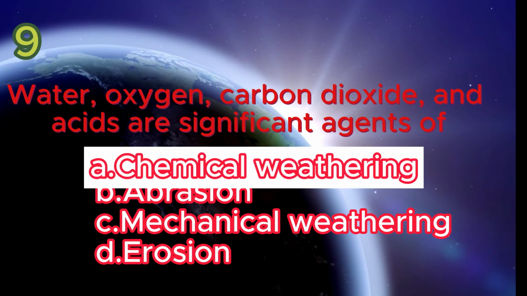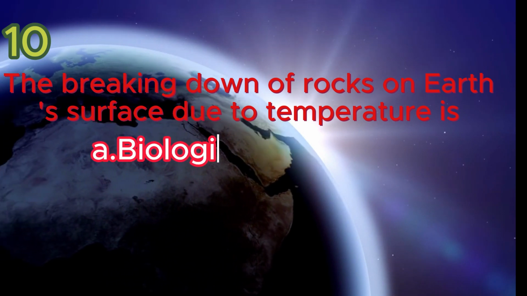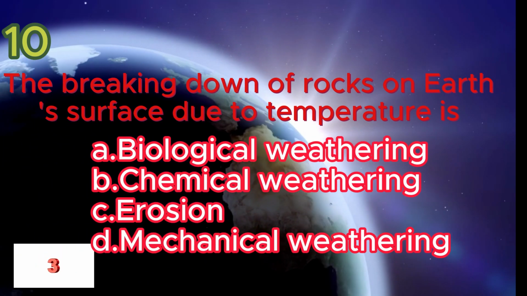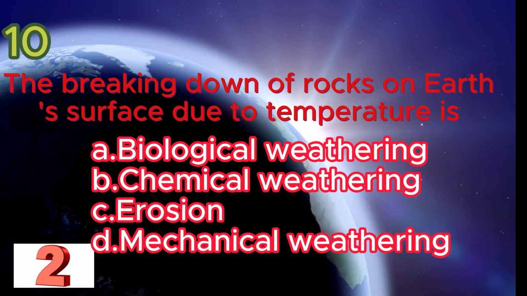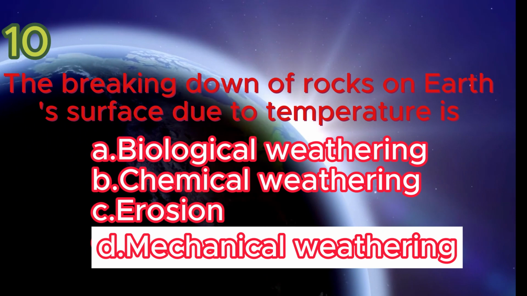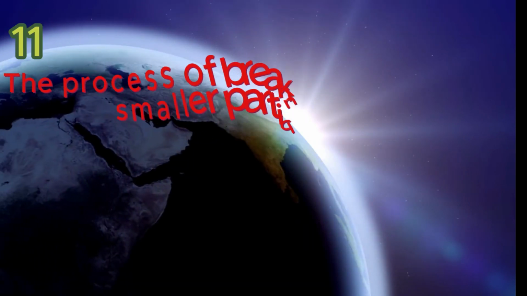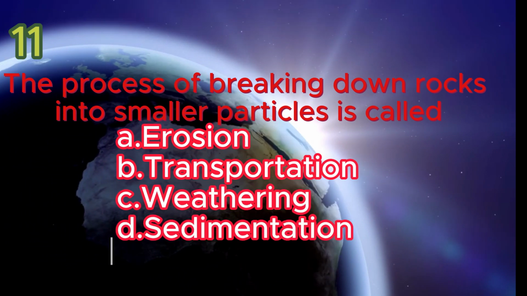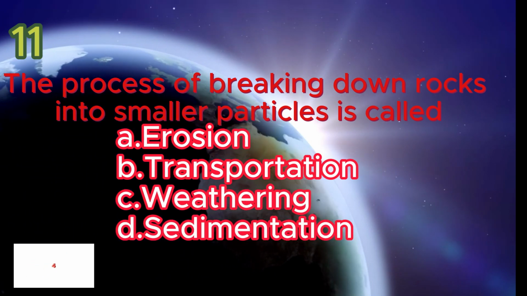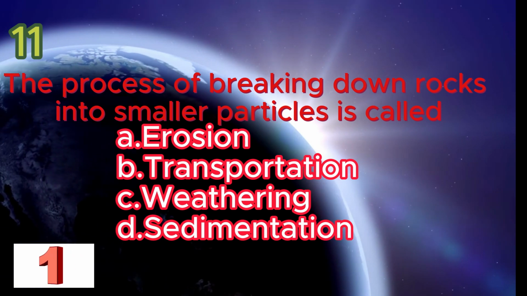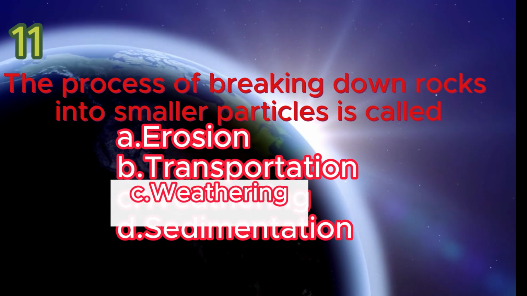A. Chemical weathering. The breaking down of rocks on Earth's surface due to temperature is D. Mechanical weathering. The process of breaking down rocks into smaller particles is called C. Weathering.